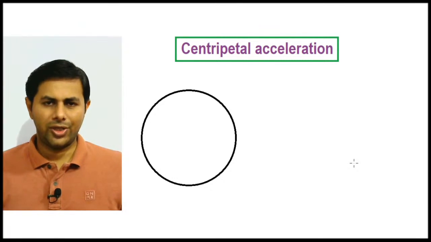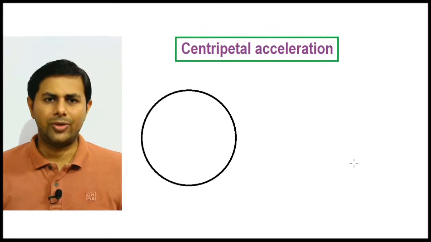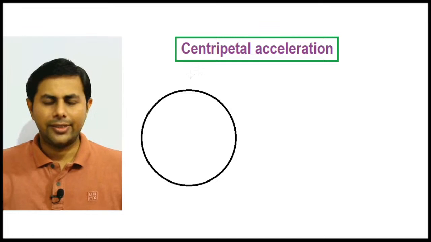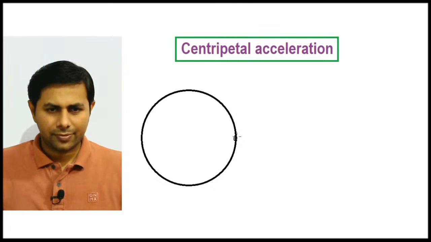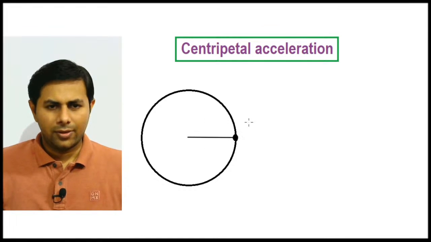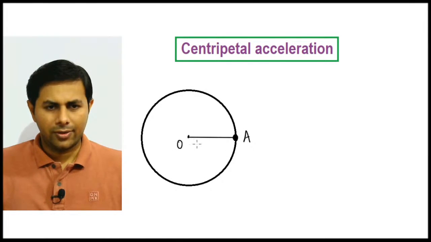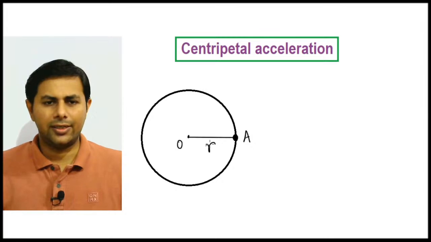Okay, so here onwards we'll talk about the uniform circular motion. So again, let's consider an object performing circular motion. Here is object at position A, O is the center and R is the radius.